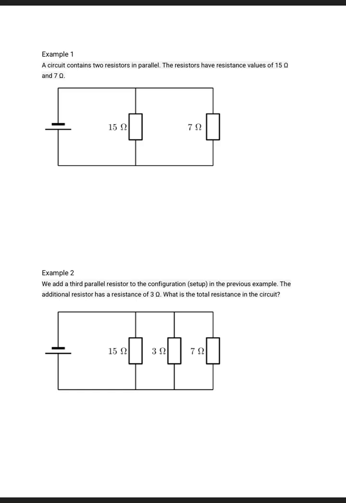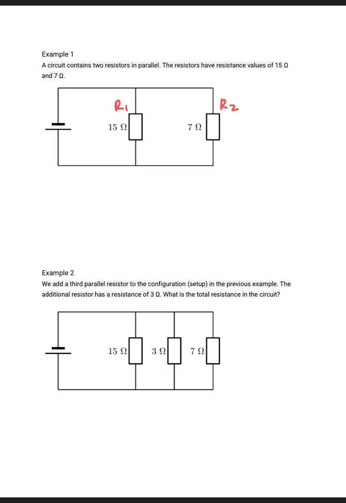Now here we have an example where we have a circuit that contains two resistors in parallel. The resistors have resistance values of 15 and 7 ohms. I'll call this resistor 1 and this resistor 2. We want to determine the total resistance.